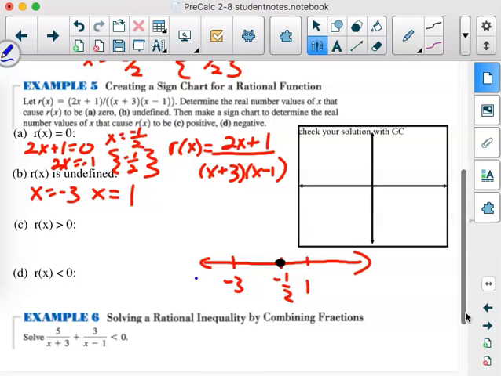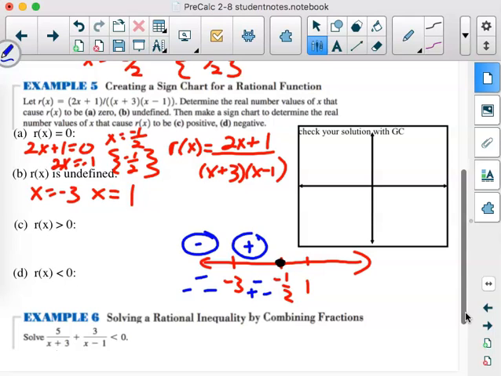We'll get negative, negative, negative. So 3 negatives going to give us a negative. Something between negative 3 and negative 1/2, negative 1. So this will now be negative. A negative 1 here will still be positive. A negative 1 here will be negative. So now I have negative, positive, and negative, and it doesn't matter that one's on the top and the others are on the bottom. 2 negatives still make a positive.